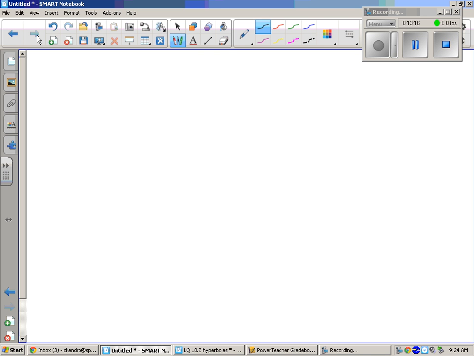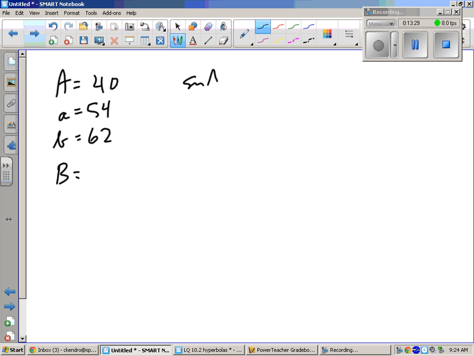All right, next one. Angle A is 40, little a is 54, little b is 62. So let's try to find angle B here. I'm going to do sine of 40 over 54 equals sine of B over 62.